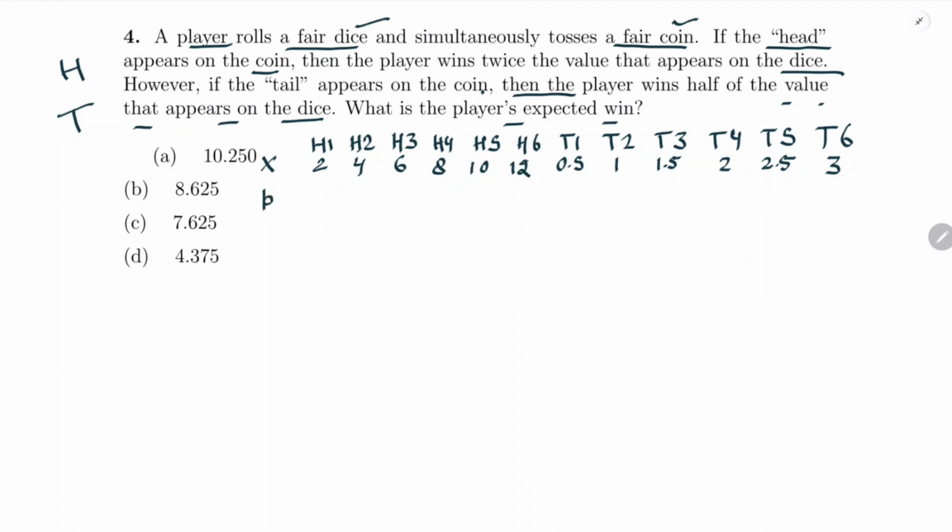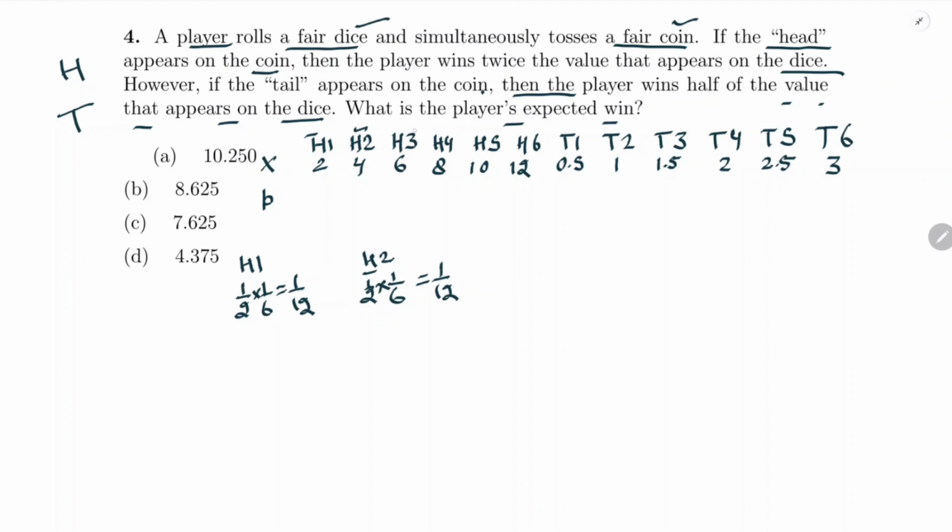Now, what will be the probability? The probability of h1: the probability of head appearing on the coin is 1 by 2, and the probability of 1 appearing on the dice is 1 by 6. So this will be 1 by 12. What will be the probability of h2? The probability of head is 1 by 2, and the probability of 2 appearing on the dice is also 1 by 6, so this will also be 1 by 12.